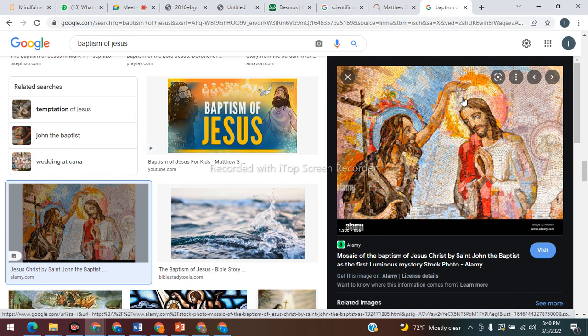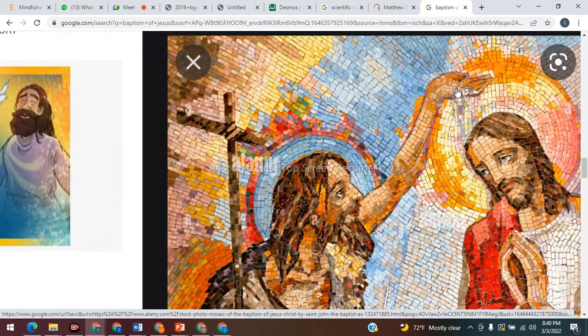Hopefully y'all can see this one. The baptism looks like fire and it's supposed to be water. What is he pouring on his head? No, that's water. You can see the water, that's water, right? I could barely see this picture.